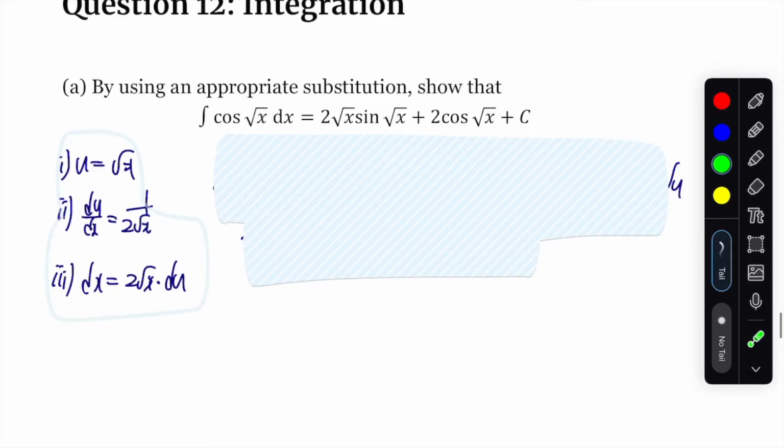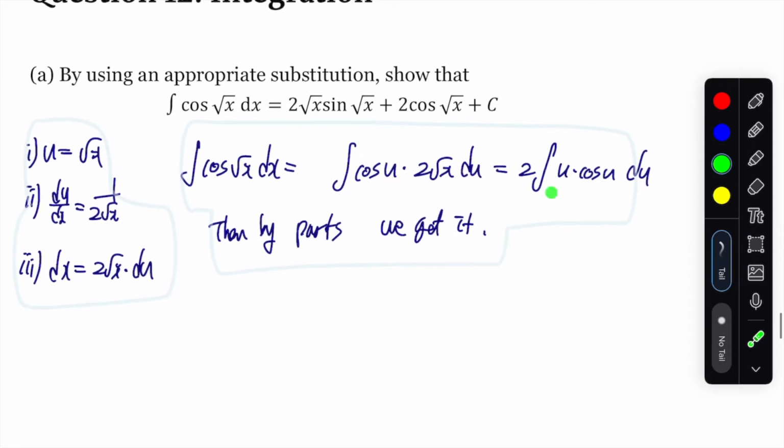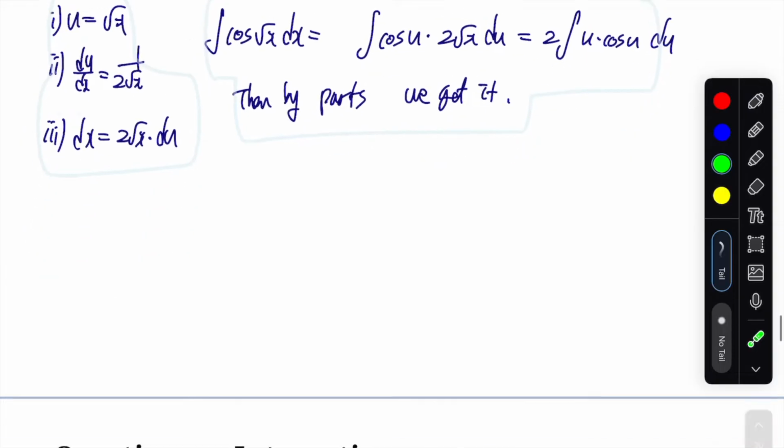And if I did, and I substitute in everything to express everything in terms of u, you actually realize you get the product of u and cosine u, which then implies that you would do integration by parts. So this one isn't solved by the substitution alone, but it's followed by parts. That's why people struggle a bit here. But if you can see the product of u and cosine u, it's pretty straightforward. So I encourage you to do the parts on your own, okay?